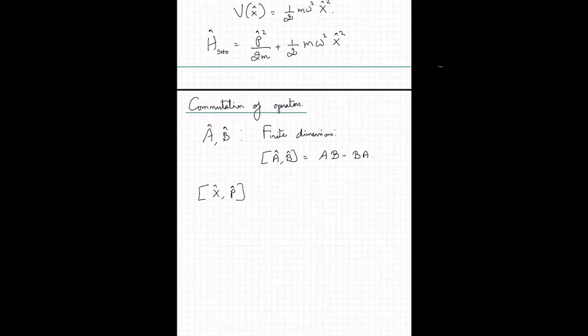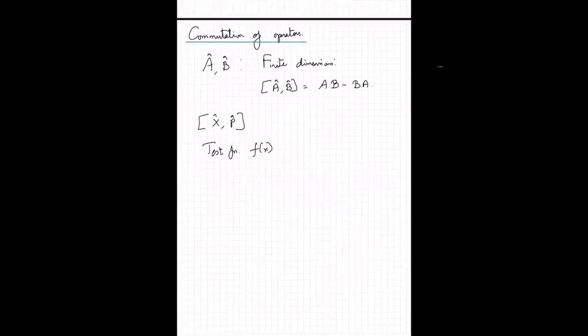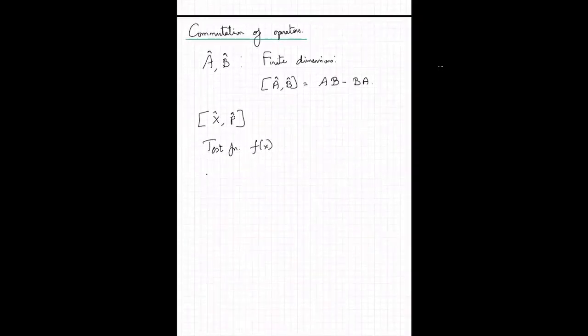Okay. Now the way you calculate commutators is, again, as I told you, an operator by itself is meaningless. So you have to act with the operator on some function and then you can get a meaningful result. So let me choose a test function f of x and act with this combination of operators on the test function. Okay.